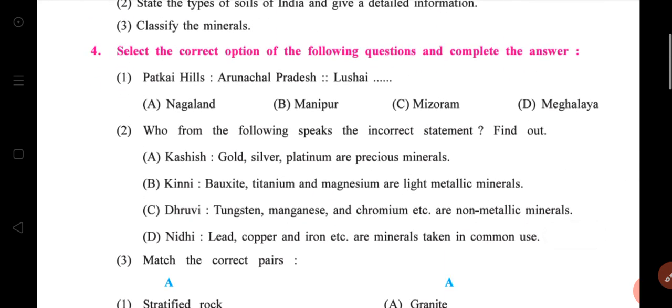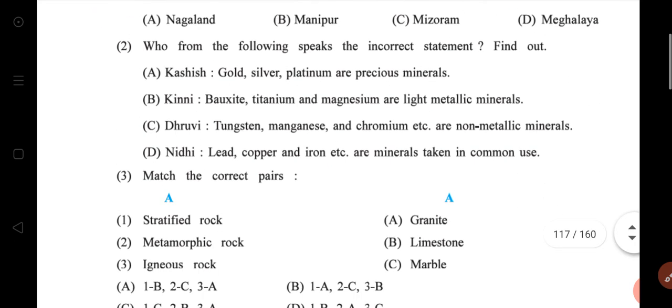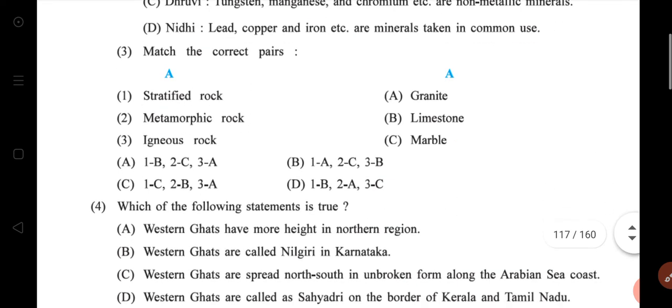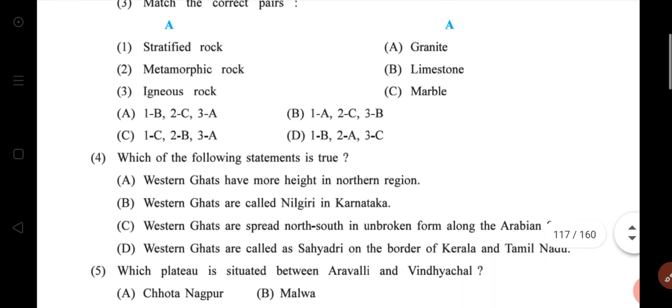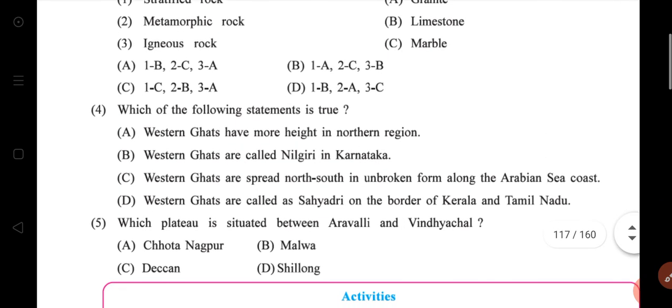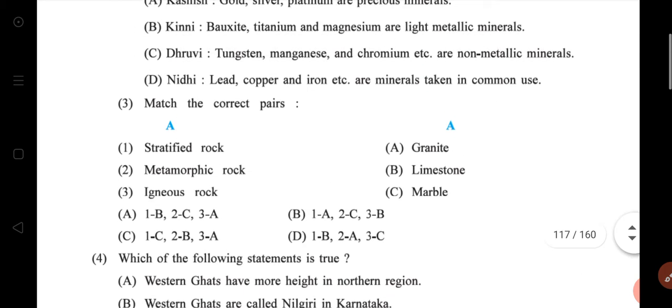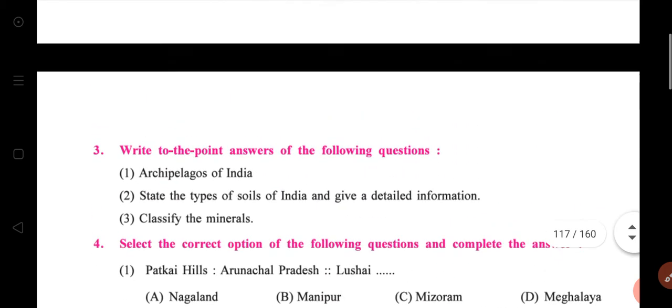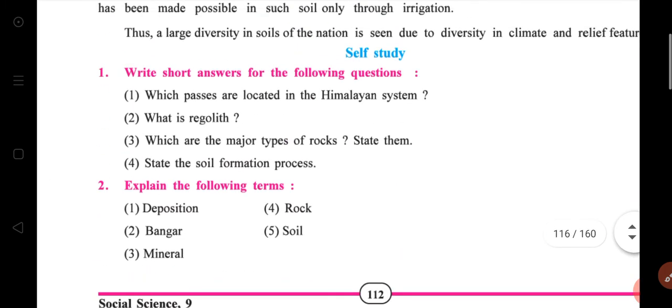So you have to write the questions related to rock, minerals, and soil. Others are not needed. Okay? So second, third, fourth, fifth, you can write. Is it clear? Okay, good.